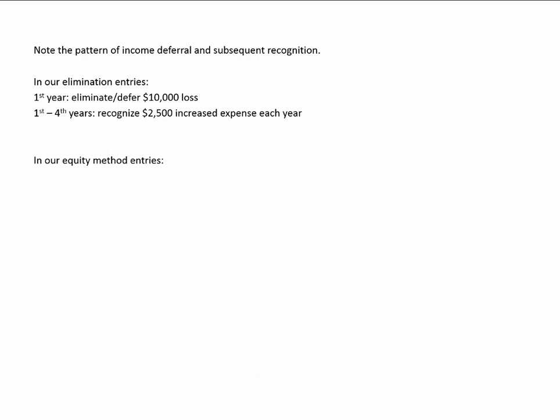In our equity method entries, we followed a parallel pattern, but since this was an upstream transaction, the parent dealt with their 90%. So in the year of sale, they eliminated or deferred a $9,000 loss, and then gave it back at $2,250 per year for the next 4 years.